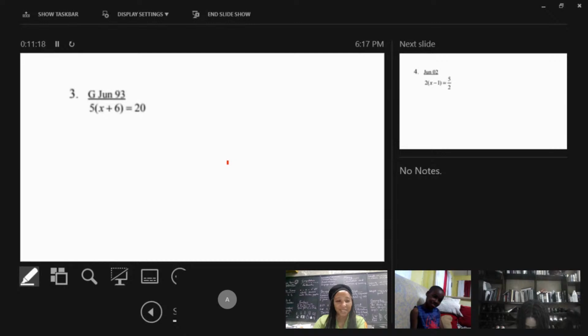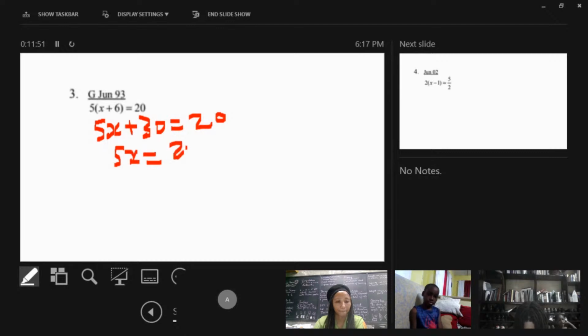All right, Asar. Oh, expand the bracket. So 5x plus 30 is equal to 20. No, 5x is equal to 20 minus 30.